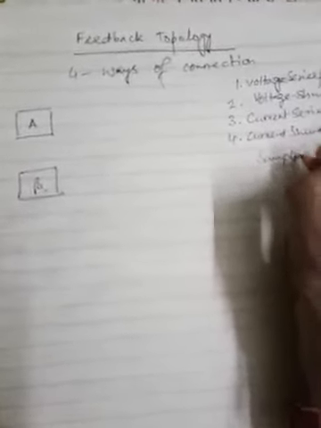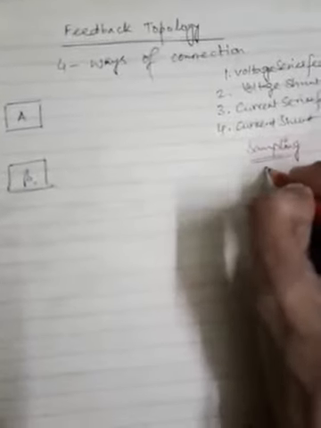Now I have already told you that in discussing feedback topologies, two special terms are used. One is sampling, which defines the process of tapping the voltage or current from the output side or output part of the internal or basic amplifier.